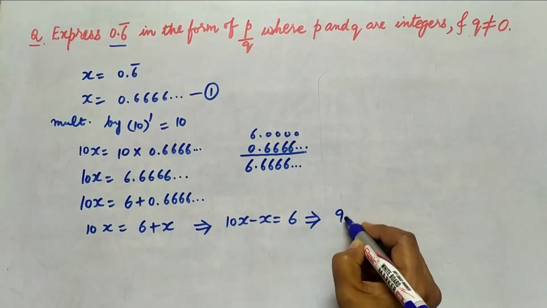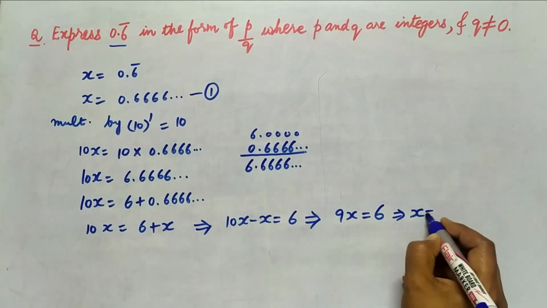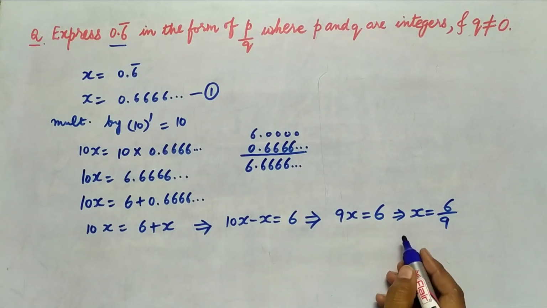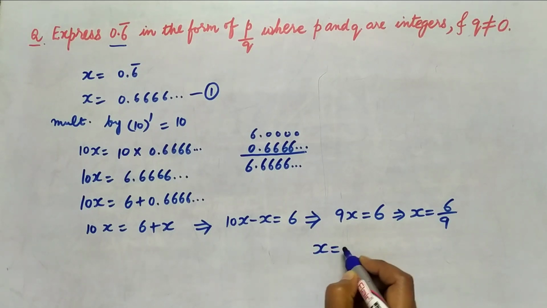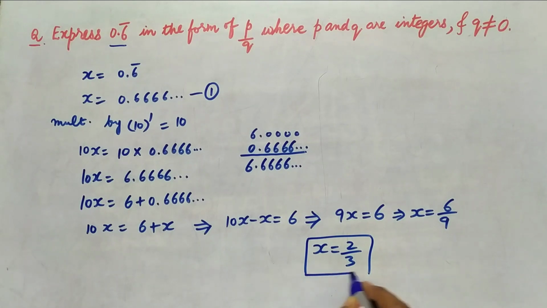This gives 9x as 6, or x as 6 by 9. The simple calculation works. This gets cancelled and we have x as 2 by 3. This number is the rational form, the p by q form of 0.6 bar.